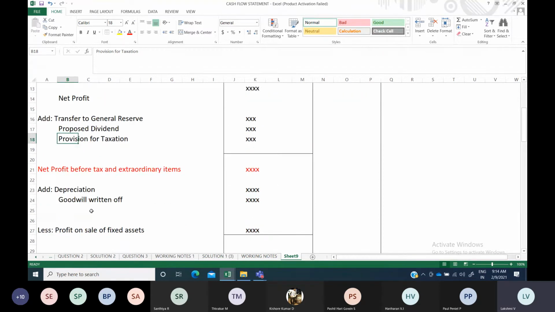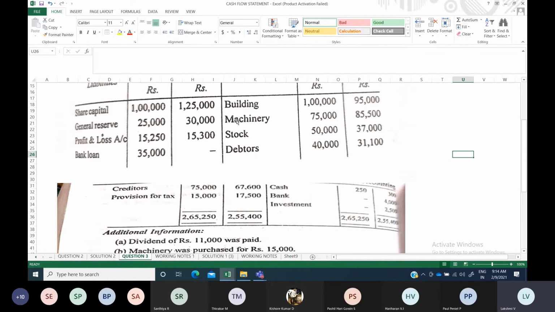And with this, if there is any depreciation or goodwill written off, you just add it. Just look at the question and find out whether anything is there. Okay, so in this problem, we don't have any goodwill written off. And you have machinery.